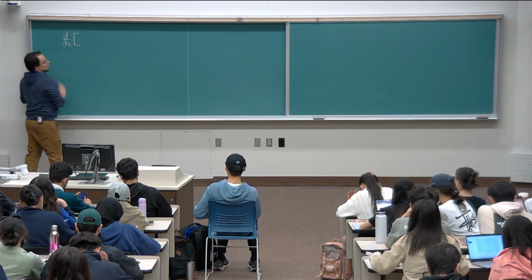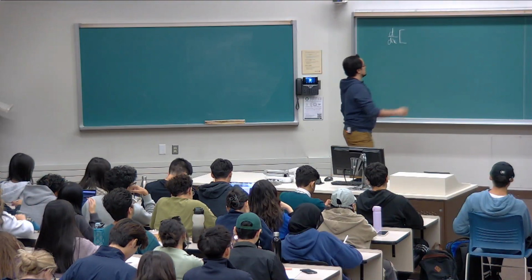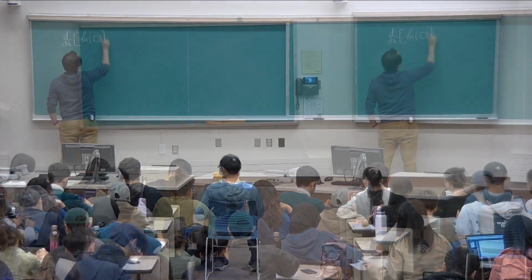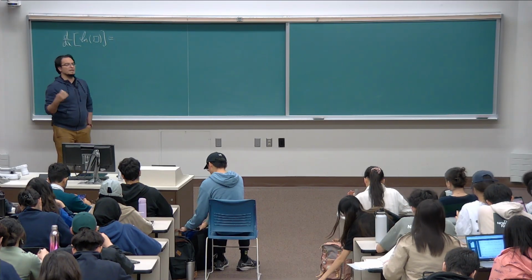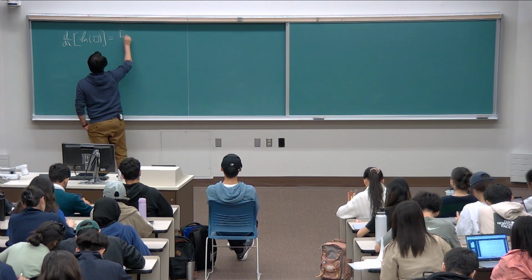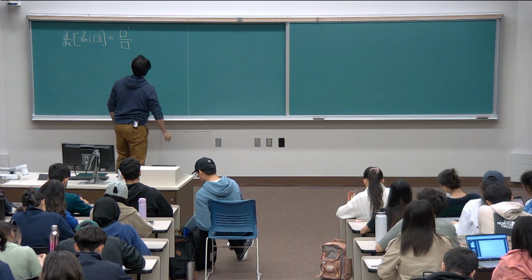So for the ln or log functions, we had this rule that the derivative of ln of box, where box could be any expression in x, is equal to box prime over box.